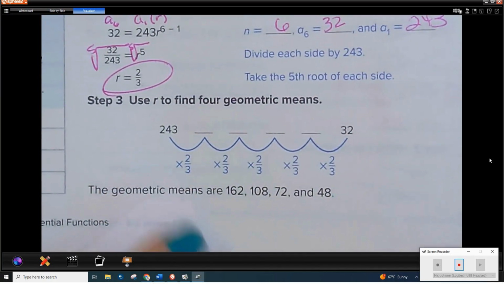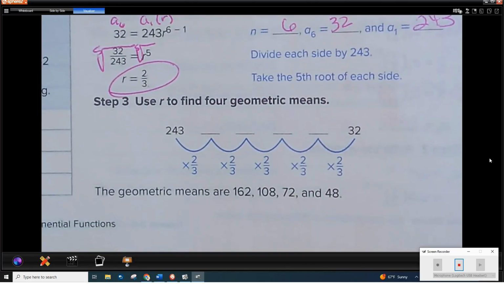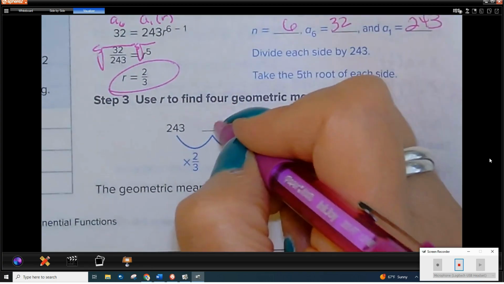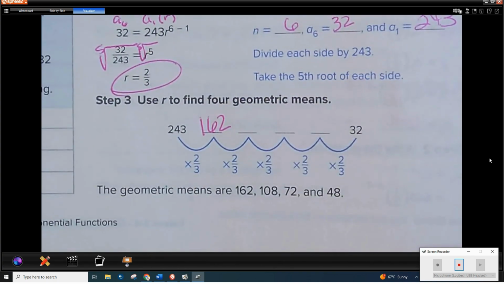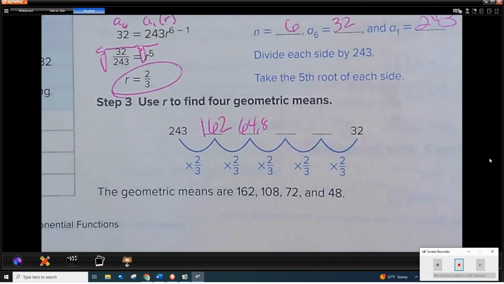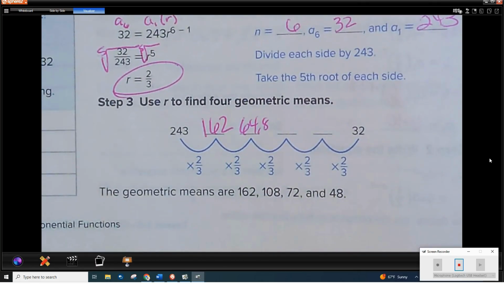243 times 2/3 is 162. Times 2/3 is, 64.8. No, that's not right. I don't think I hit enter, and so it was doing PEMDAS. 162 times 2, enter, divided by 3, 108.